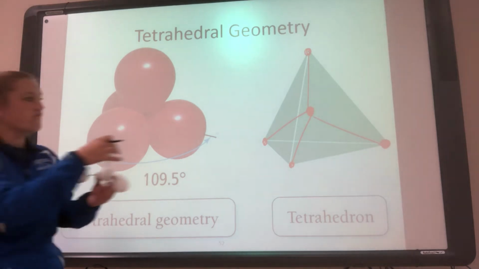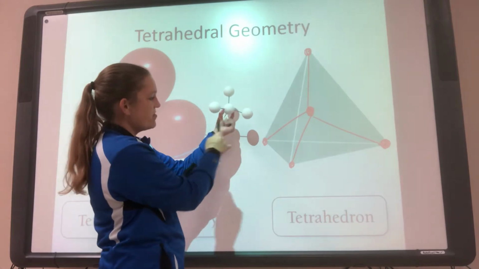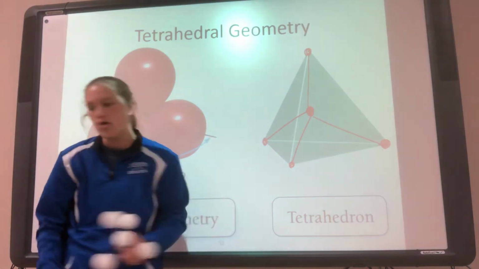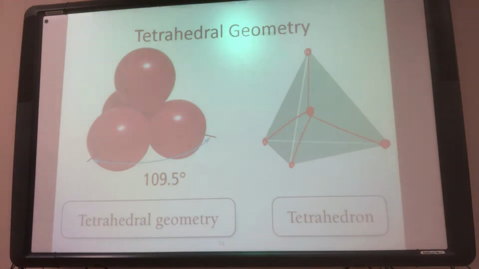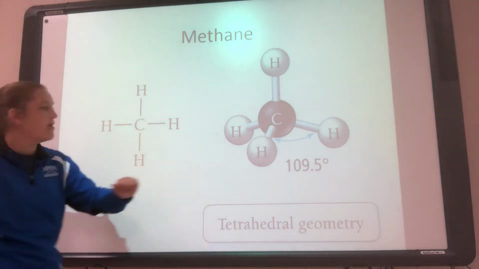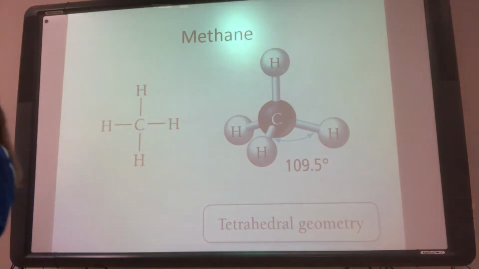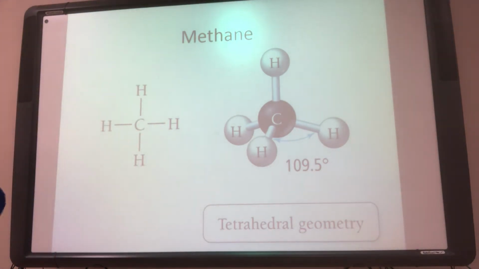And so that's how you get this shape, because you have this tip on the top here, and then the three coming out at you, okay? So that would be my tetrahedral geometry. And then here's just another picture of it. If I have four things attached, my carbon would be in the center, and then my three bar stool legs, and then kind of like my little head.